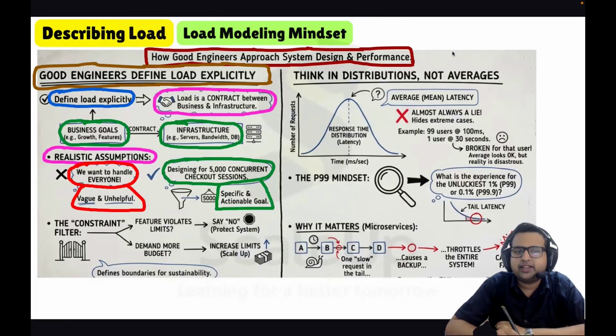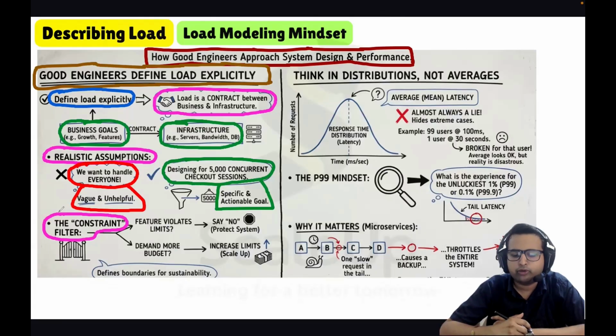And when good engineers define the load explicitly, they also consider the constraint filter. This is very important. Here the constraint filter means defining the limit. By defining the limit, good engineers can say no to features that would violate the system's physical limit.